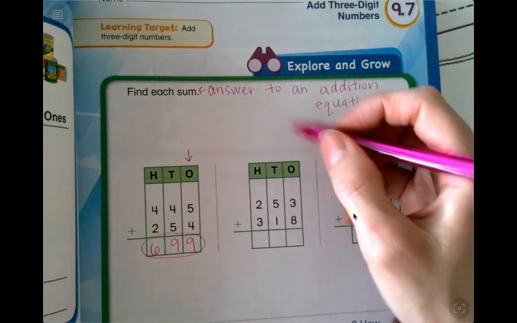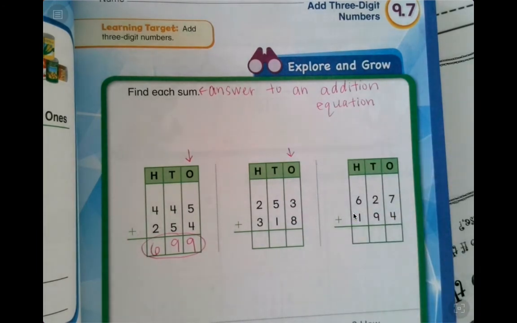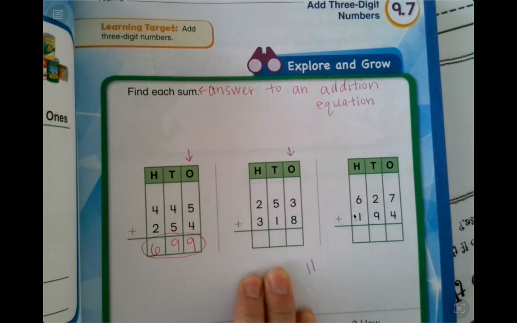Okay, all right, the next one. Start with the ones, right? 3 plus 8. Now, wait a second. What is 3 plus 8? Someone raise their hand and tell me before we start writing it. 11. It's 11. Am I going to write 11 in that one box? No, I'm going to carry things, right? So I'm just going to write it over here. 11, right?